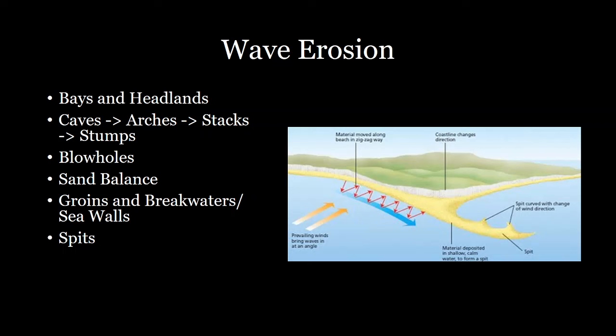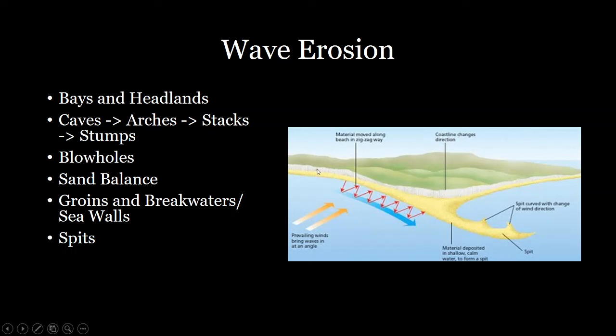Another feature along the coast that you might have seen is a spit. A spit develops whenever you have significant longshore transport of material and the beach shoreline rapidly changes direction.